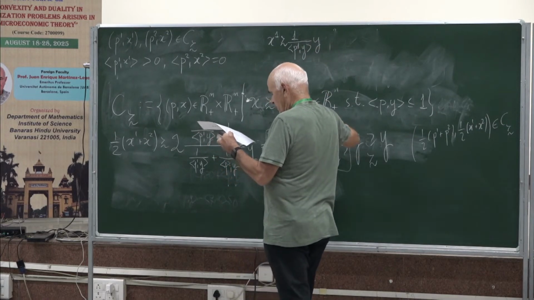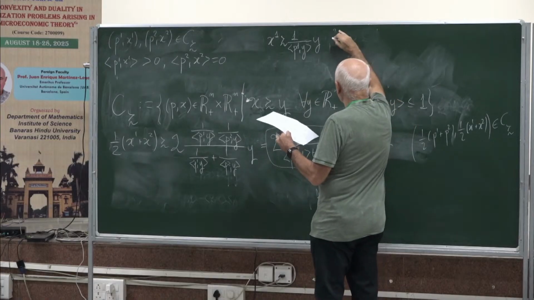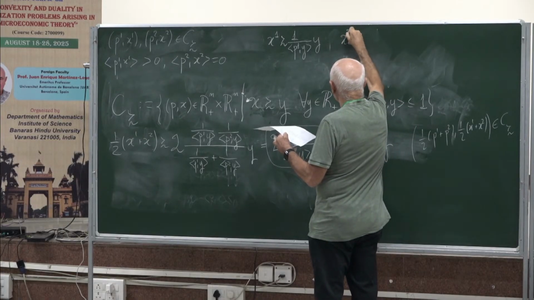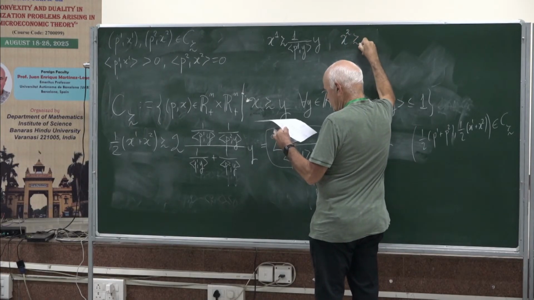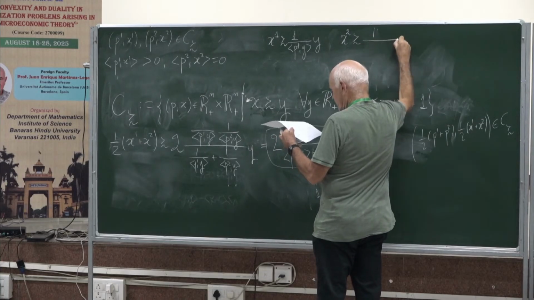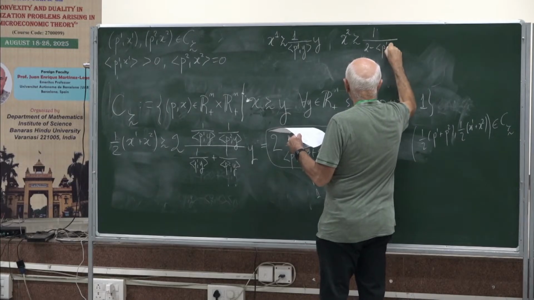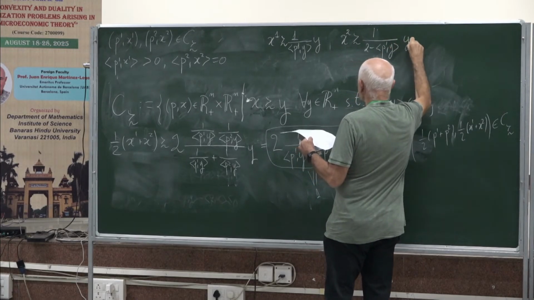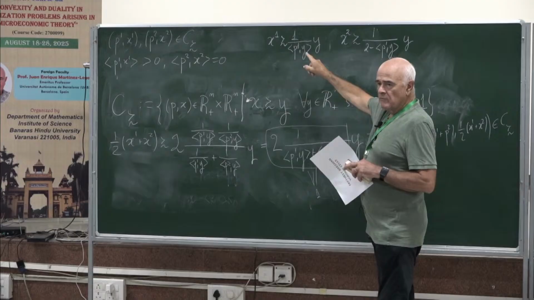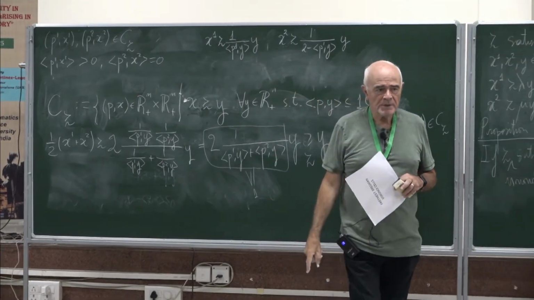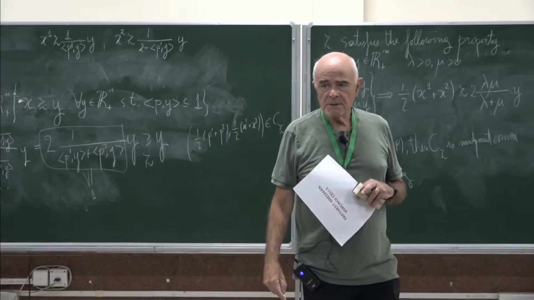Y, and that X2 is preferred to 1 over 2 minus P1Y times Y. Well, the first, this is true, we already discussed it, no?